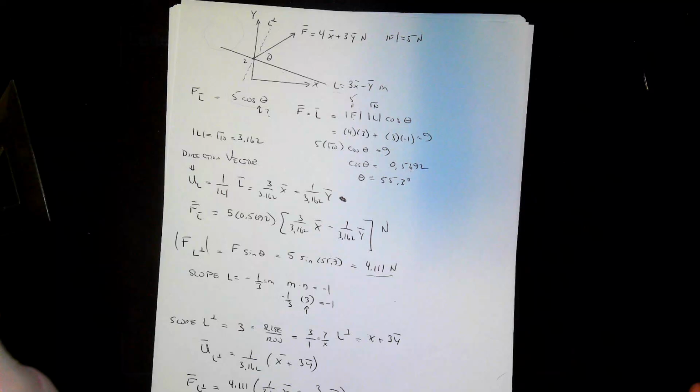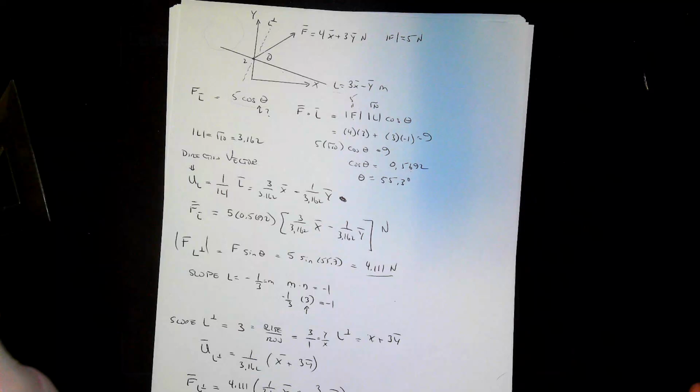So now I need a vector that has a slope of 3. Sometimes students ask, how do I choose that? Well, it's really simple. Just create something with a slope of 3. This is rise over run, 3 over 1. L perp equals, and this is y over x, x plus 3y.